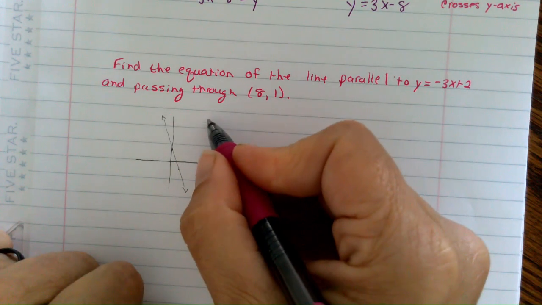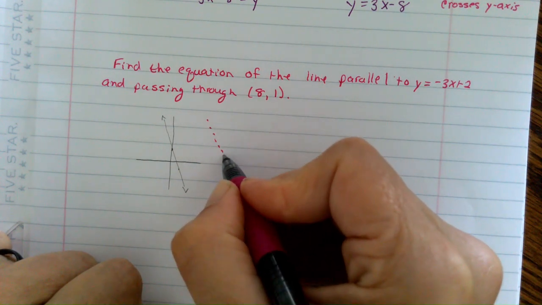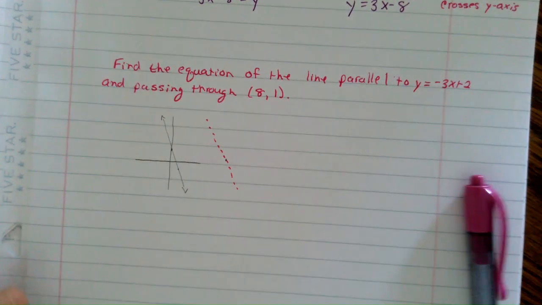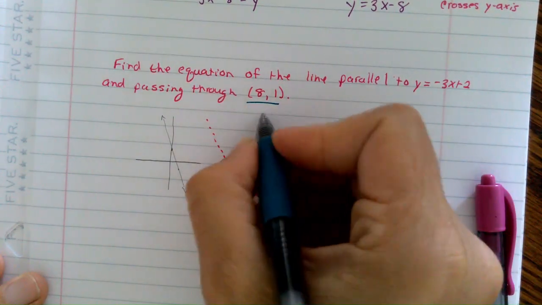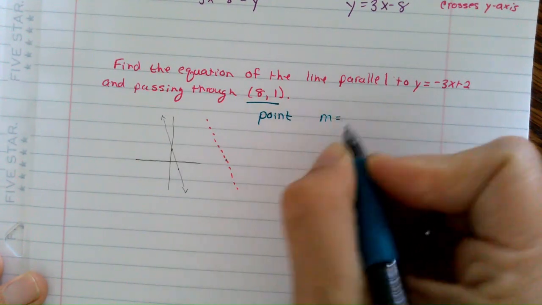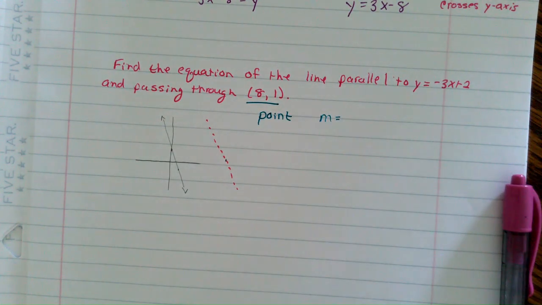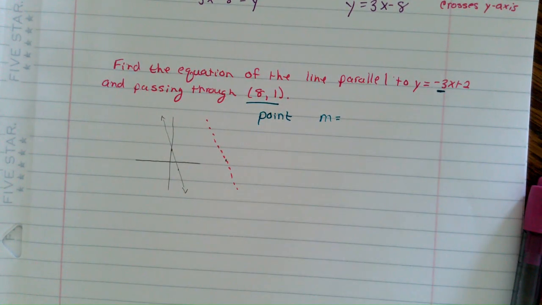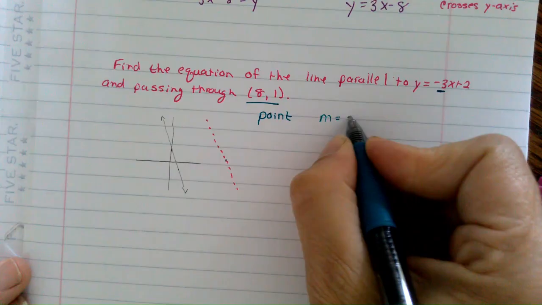So why did they tell me what I was parallel to? Well, I needed a slope because I have a point. All I need is a slope. So if I'm parallel and they had a slope of negative 3, my slope is negative 3.